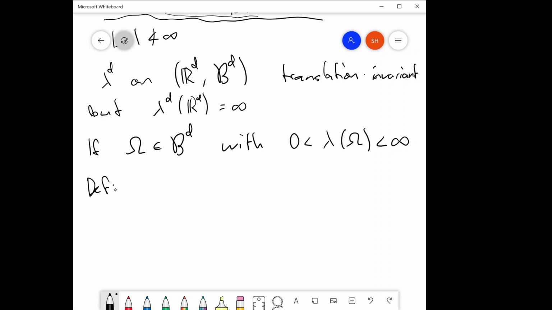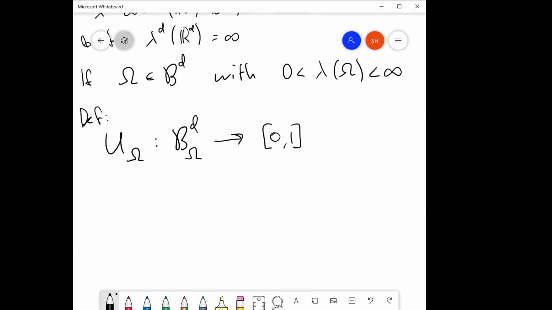Define the uniform distribution on omega to go from the restricted Borel sigma algebra on omega to 0, 1, and it takes a set A and maps it to lambda of A divided by lambda of omega.